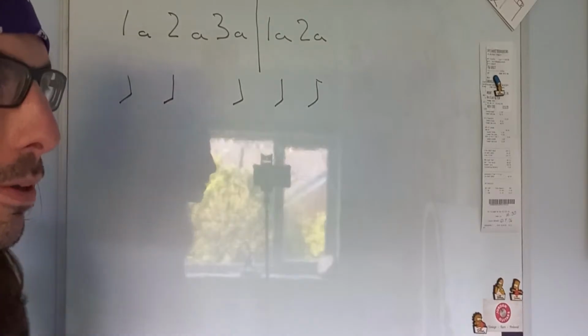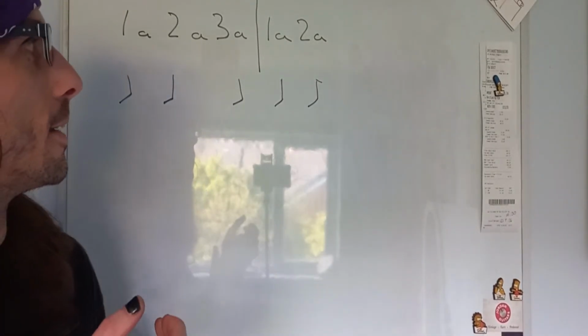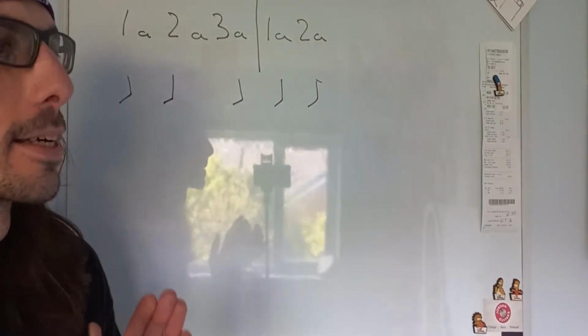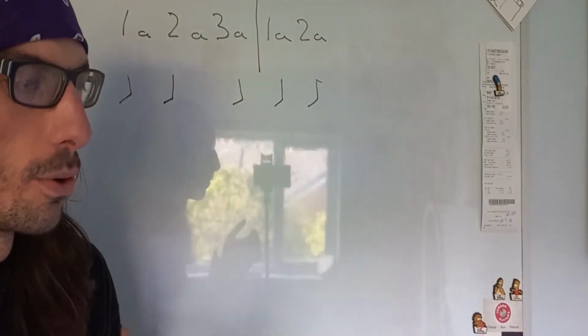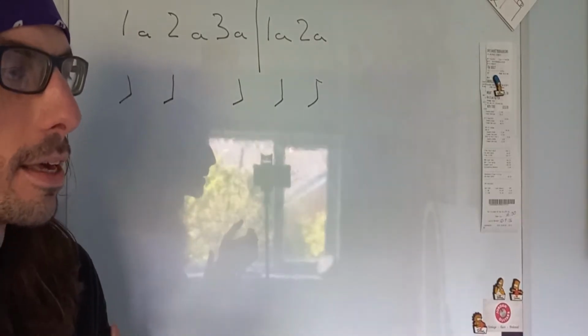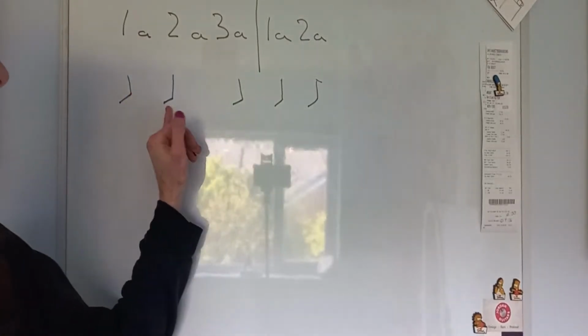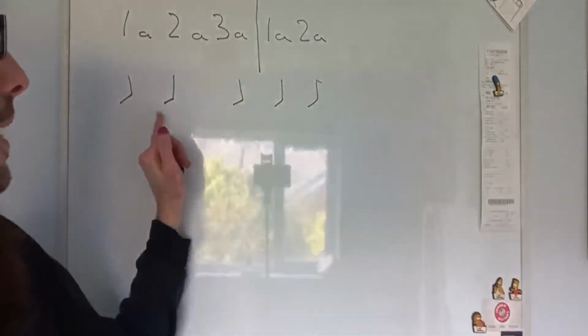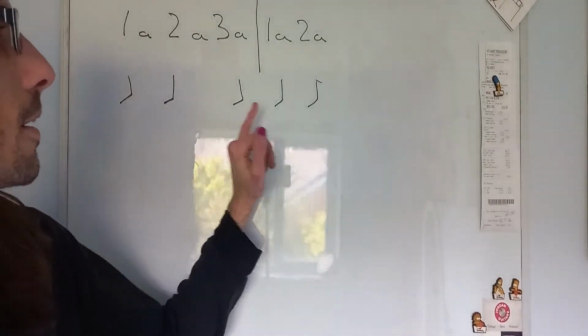Tap your feet as well. 1, 2, 3, 4, 5, and da, da, ge, go, ga, ga, ge, go, ga, ga, ga, ge, go, ga, ga, ga, ge, go, ga, ga.